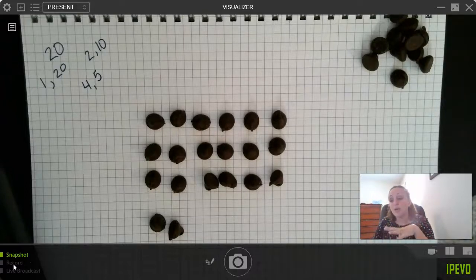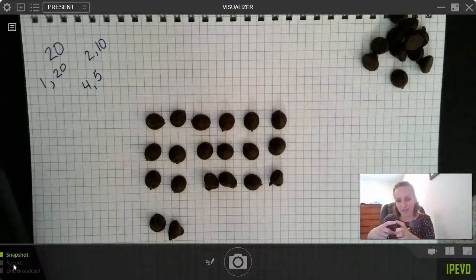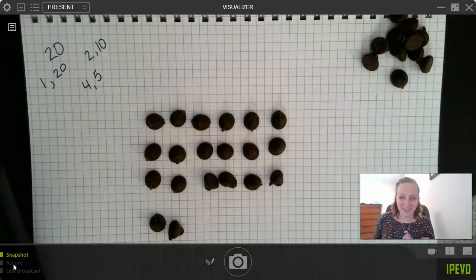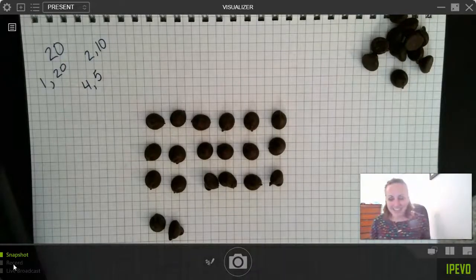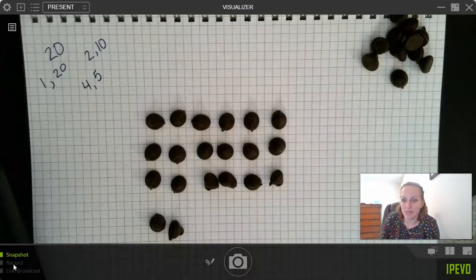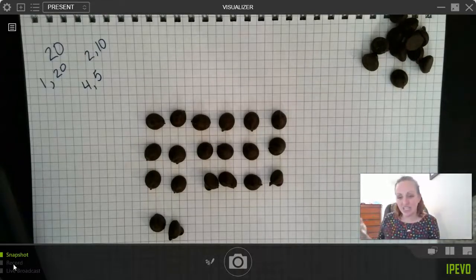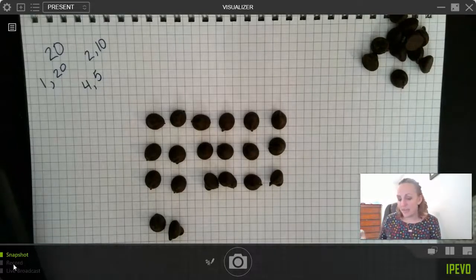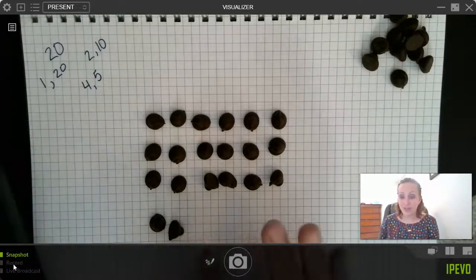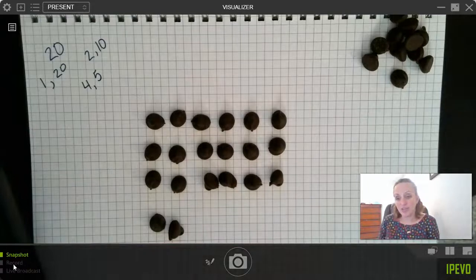Okay, so a really fun activity you can do with this, especially around Halloween when you have those little mini bags of Skittles or M&Ms, is to open one, count how many you have, and see if you can make factors of that number. It doesn't have to be Halloween candy, right? Just any bag of candy, you can count how many there are and see how many rows you can arrange it in.